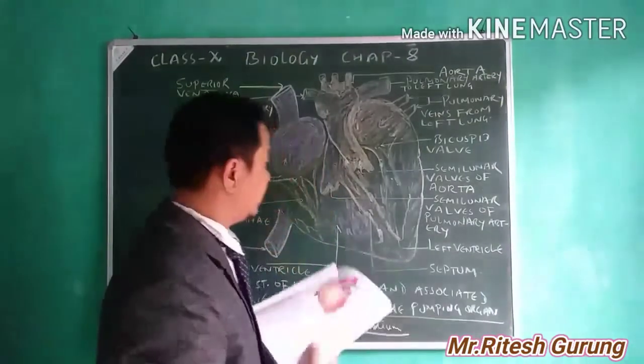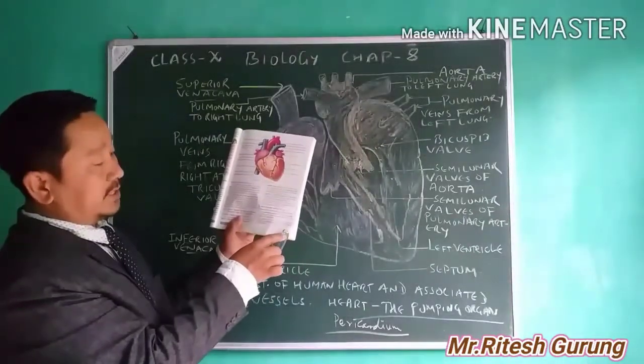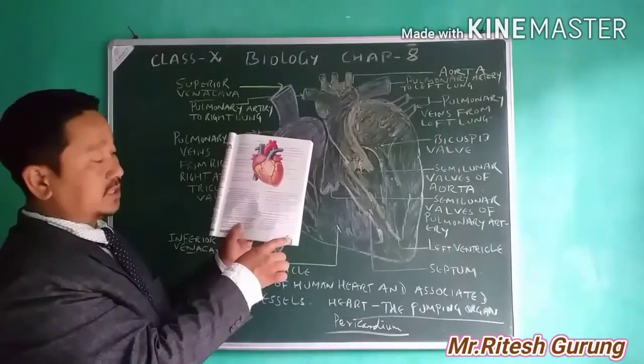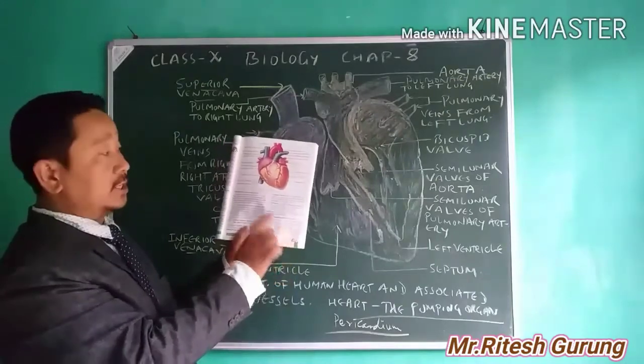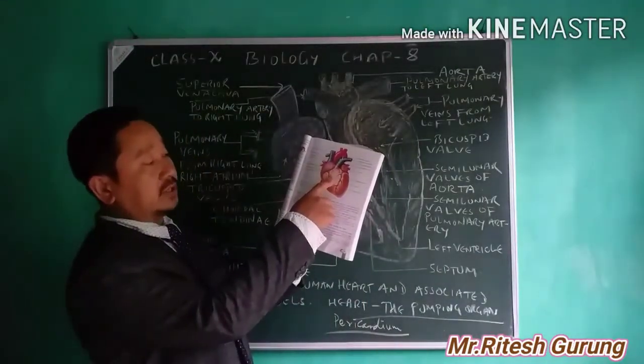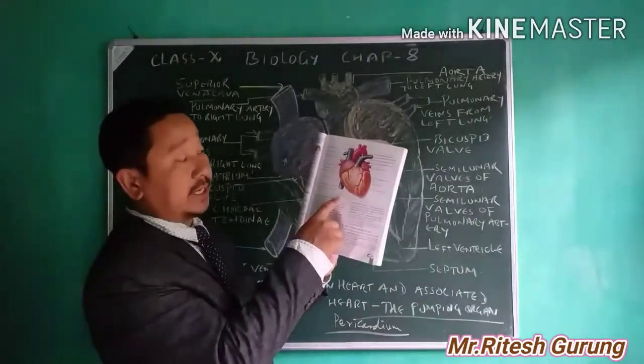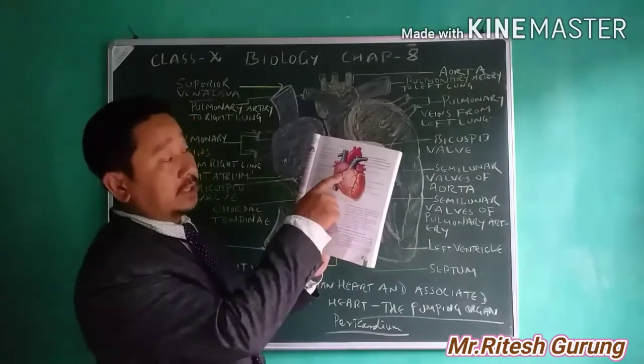Just refer to the book, because I just have to show you from here. You see page number 99. There you see the frontal view of the human heart, figure 8.6.